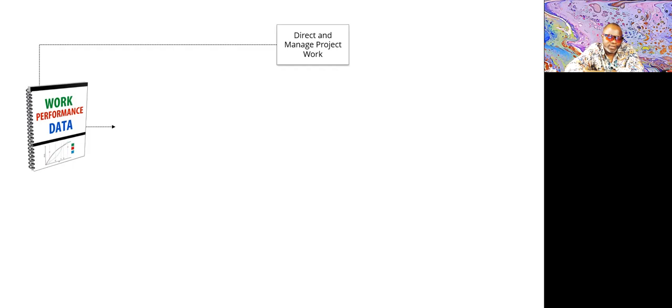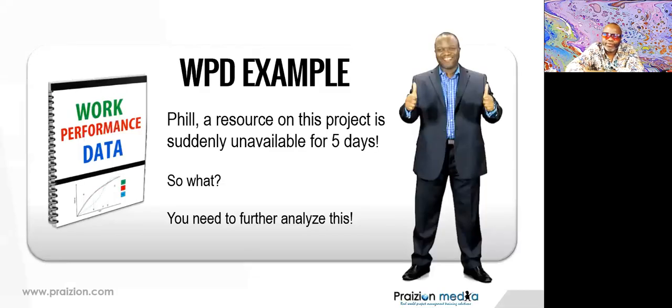Think about this. Phil is a key resource on our project. He's suddenly not available for 5 days. Why do we care? Well, you need to analyze this. So Phil not being available is a raw observation.